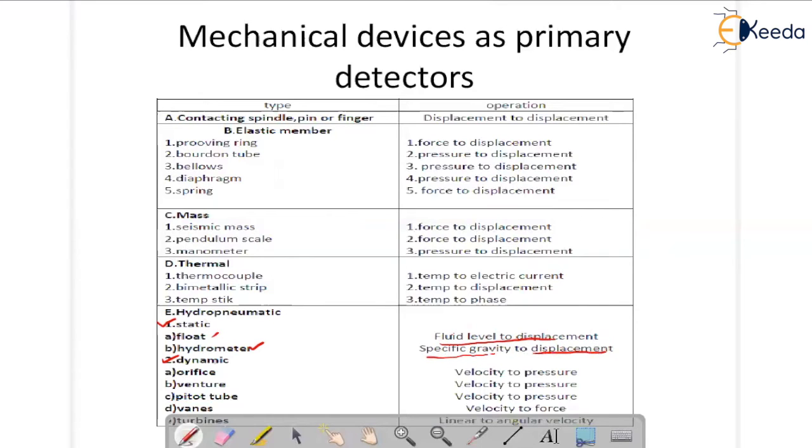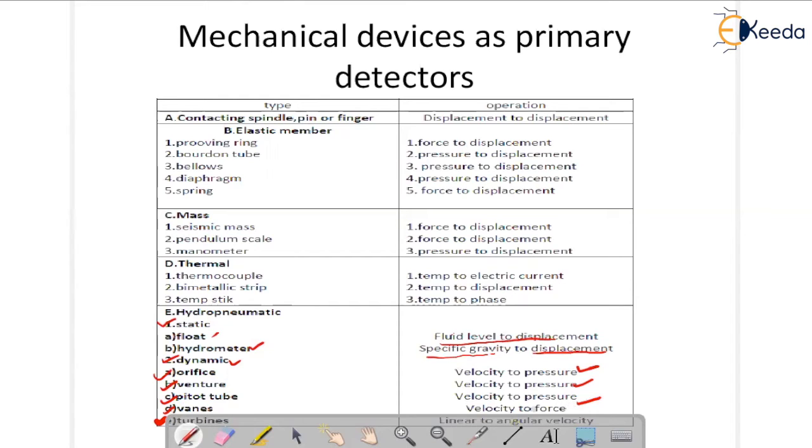Now coming to the dynamic type of hydropneumatic primary detectors: orifice, venturi, pitot tube, and vanes and turbines. The orifice converts velocity to pressure, and the venturi also converts velocity to pressure. The pitot tube is also velocity to pressure.